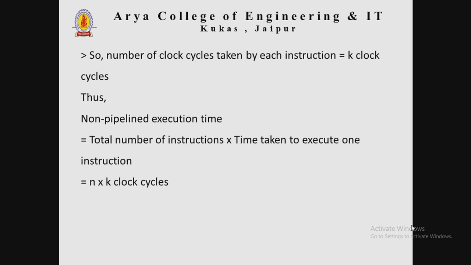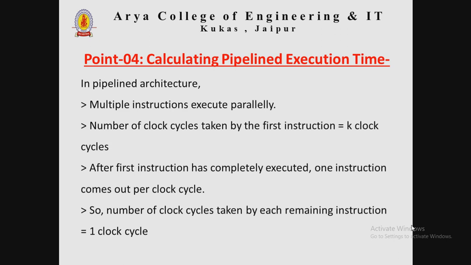So the number of clock cycles taken by each instruction is equal to k clock cycles. Thus, the non-pipeline execution time is equal to the total number of instructions multiplied by the time taken to execute one instruction. As we have studied, the number of clock cycles is k and the number of instructions is n, so it is n into k clock cycles.